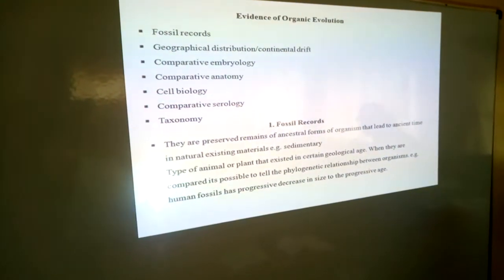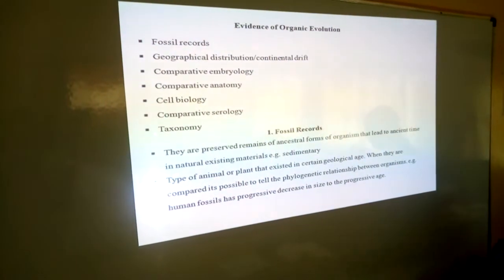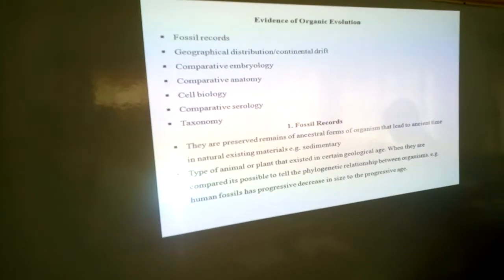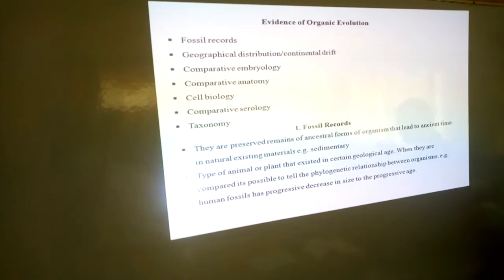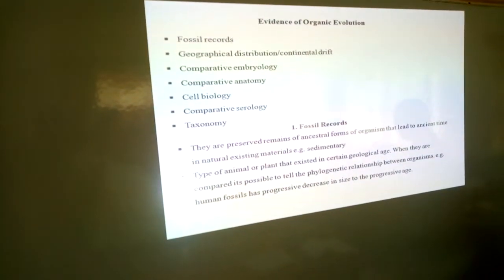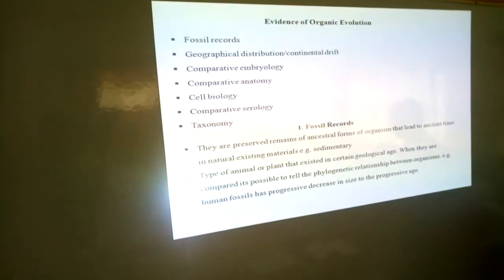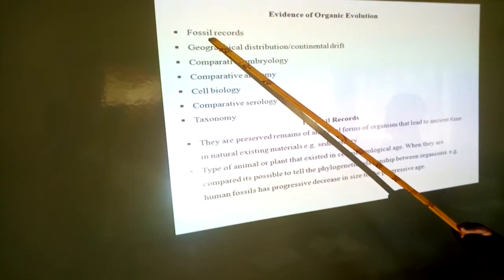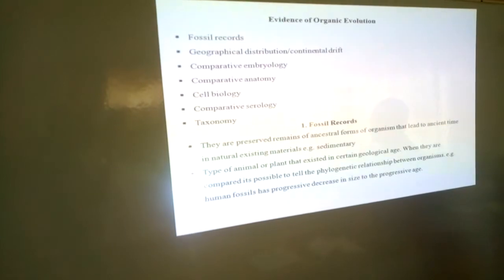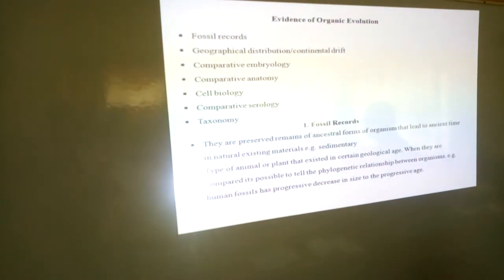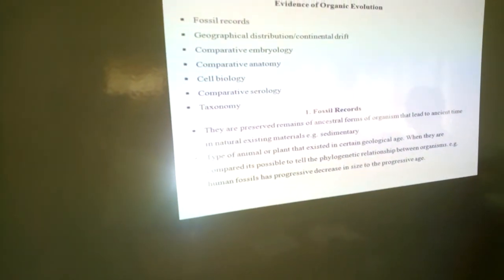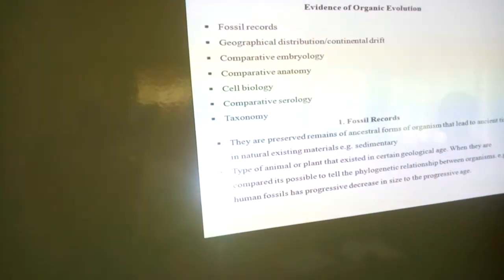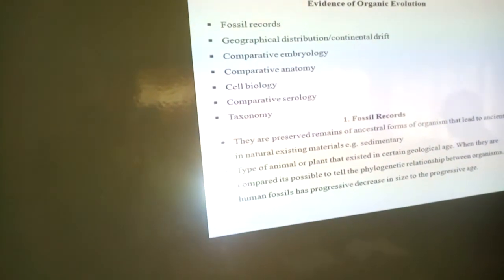Based on that, therefore, we have evidences to prove that there are gradual changes that have taken place over a long period of time. What are these evidences? The first evidence of organic evolution is fossil records. Second evidence is geographical distribution, also referred to as continental drift.